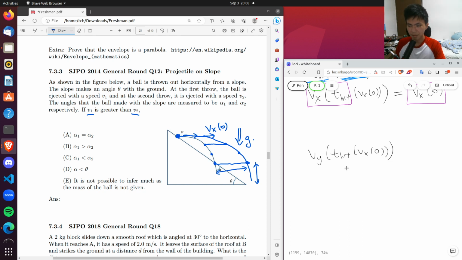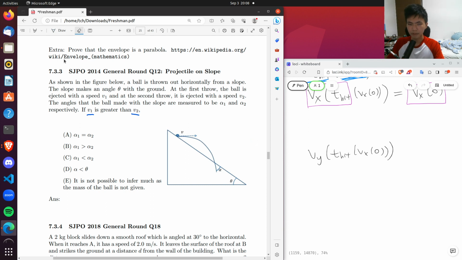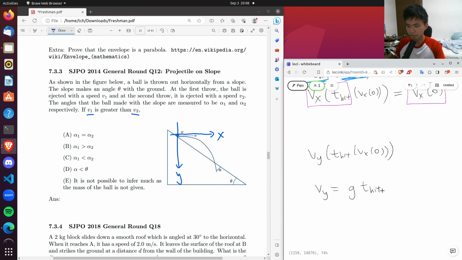To do so, we first observe that if I set coordinates such that this is at the origin and x is rightward positive and y is downward positive, then Vy is simply g times T hit. Okay, so this is how Vy depends on T hit.